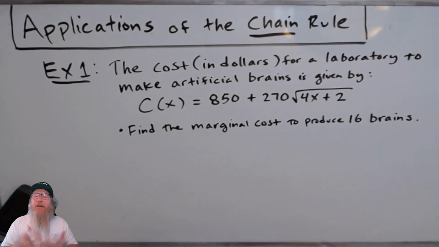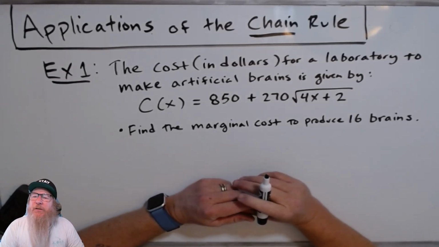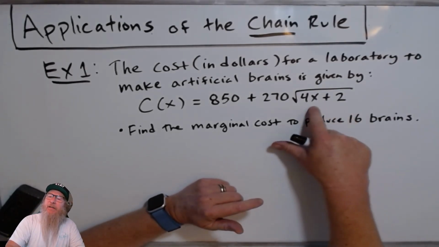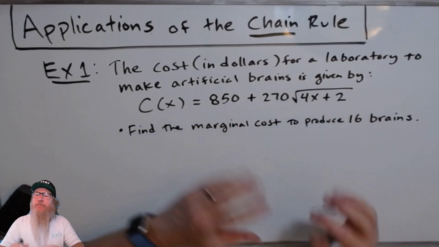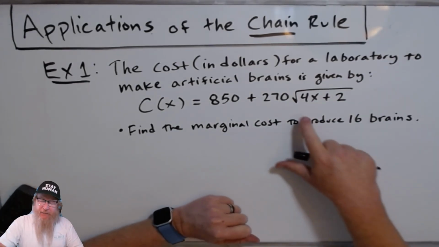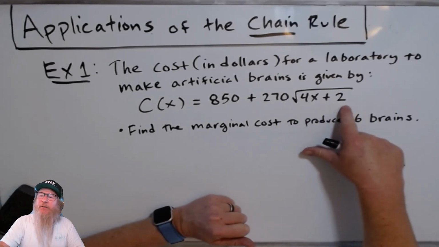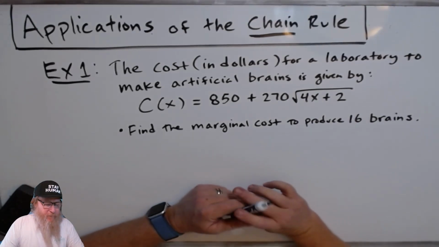Sort of gives us the ability to go after more complicated functions, in particular functions like this, where you would apply the chain rule, because you can see that this is a chain of different types of functions sort of composed together. This is a composition of a linear function, 4x plus 2, and a square root function.